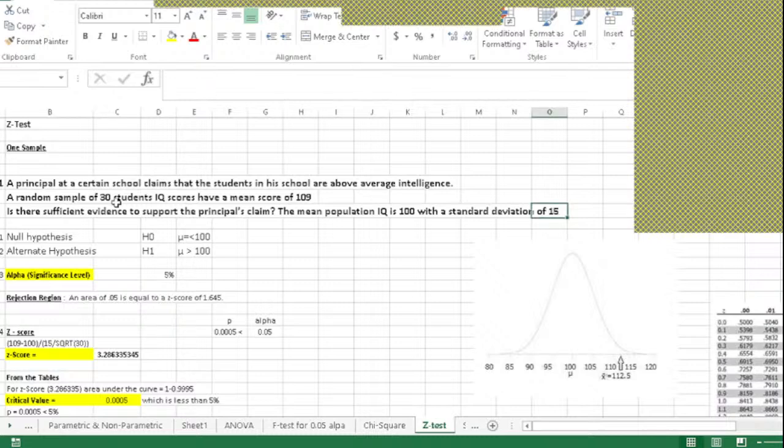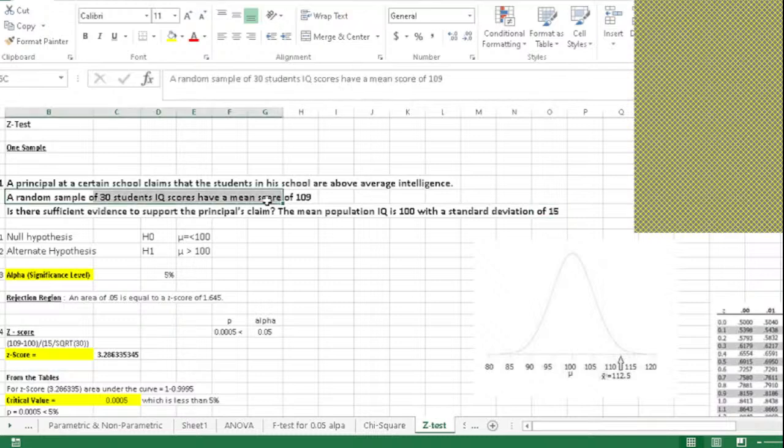Now we want to test the claim of the principal, which says that the mean score is 109, or you can say it's greater than 100, right? So this is our alternate and this is our null. Nothing is given, so what significance level will I assume? 5%, right?